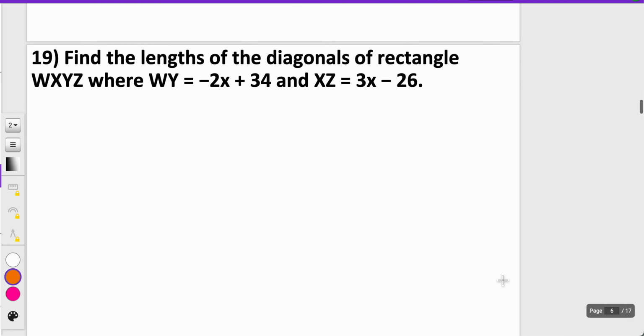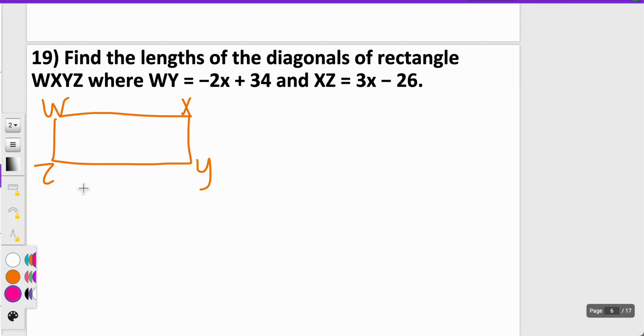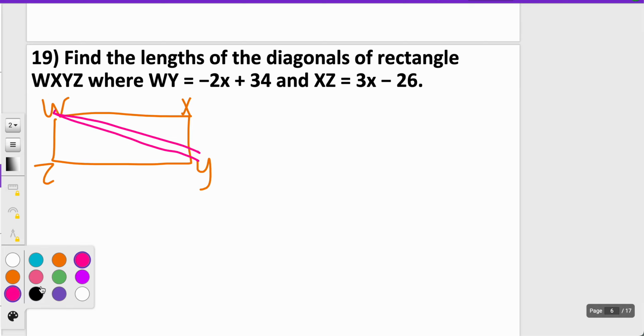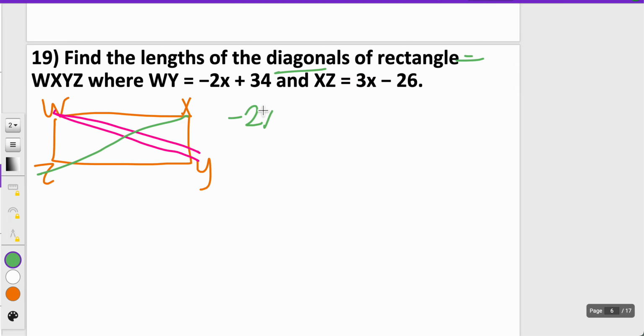For number 19, find the lengths of the diagonals of the rectangle WXYZ. If you draw yourself a rectangle WXYZ, it says WY is negative 2x plus 34 and XZ is 3x minus 26. When we have diagonals in a rectangle, they should be equal. So I'm going to take negative 2x plus 34, set it equal to 3x minus 26.